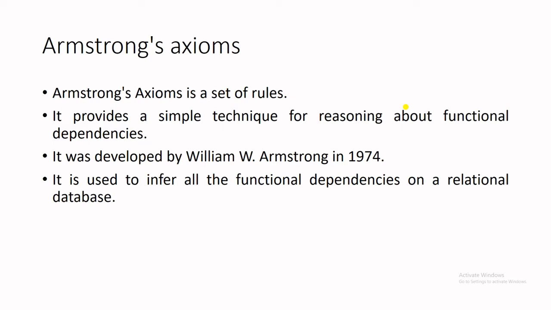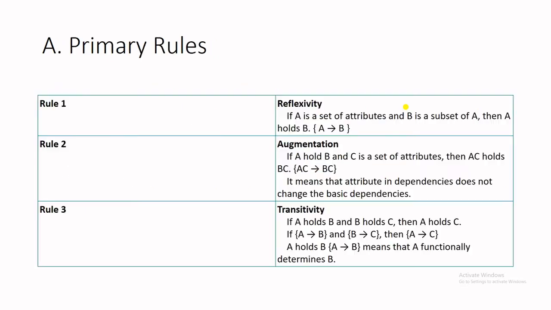There are certain rules called Armstrong's Axioms which help us in reasoning about functional dependency. From Armstrong's Axioms, we can derive or infer other functional dependencies from the primary functional dependencies. There are three primary rules.